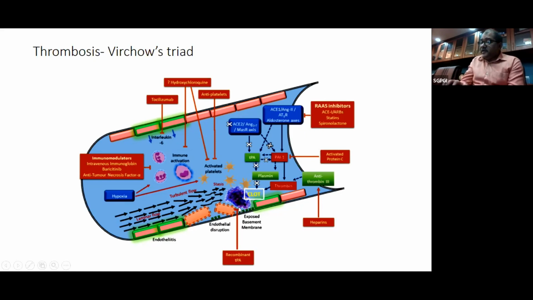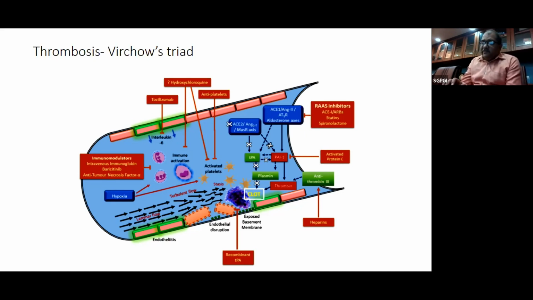Once the platelets become activated, they start forming a platelet plug, secreting a lot of fibrinogen and von Willebrand factor, which promotes thrombosis. Also, platelets are activated by the secretion of a lot of pro-inflammatory cytokines by the neutrophils and the monocyte macrophages, including interleukin 6, interleukin 1, and TNF alpha.